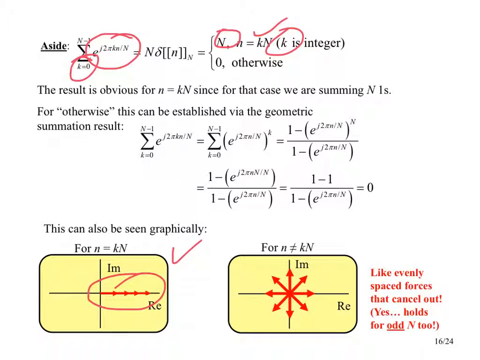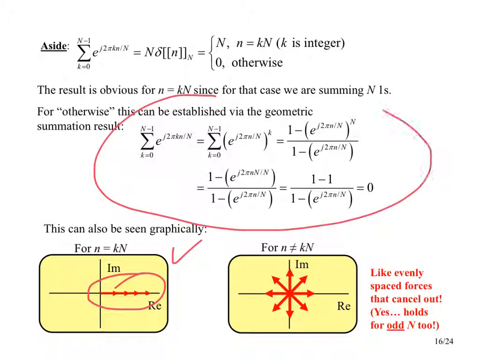Now, the interesting thing is for the other case, when little n is not some integer multiple of big N, we can prove it this way, which just uses the geometric sum result. So we write this out this way and then use a specific result for the finite sum of any number a to the k, and we can get that result, and then we just manipulate it and show that it's equal to 0.